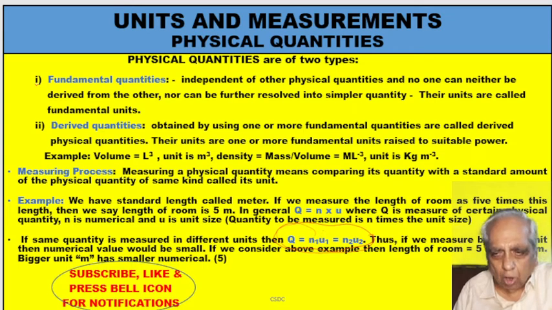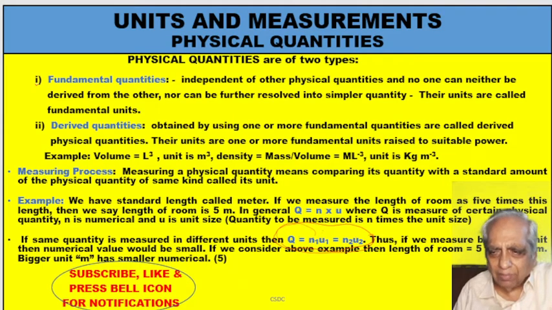So measuring is always a comparison. Like mass is measured by a physical balance. On one side you will put a 200 gram weight, on the other side you will keep some goods, and when they get balanced you say this is also 200 gram. So we are comparing it with the standard unit.